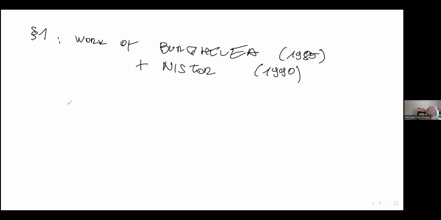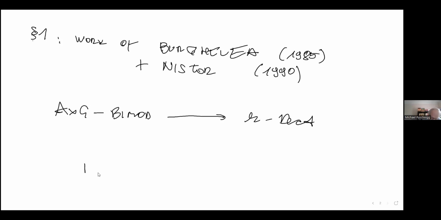When you look at the functor from bimodules over the cross product to the category of vector spaces, the functor which attaches to a bimodule over the cross product just the commutator quotient, M modulo the commutator of M with the cross product, then this functor can actually be written as a composition of two functors.